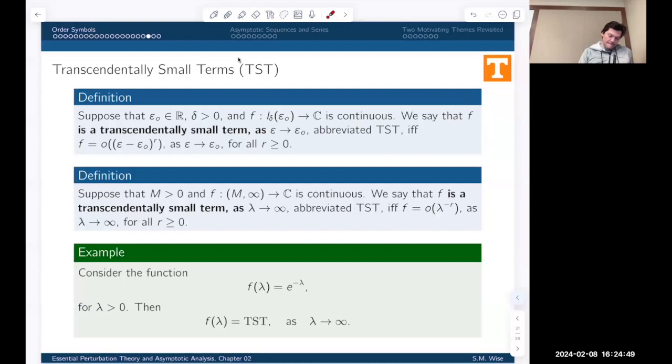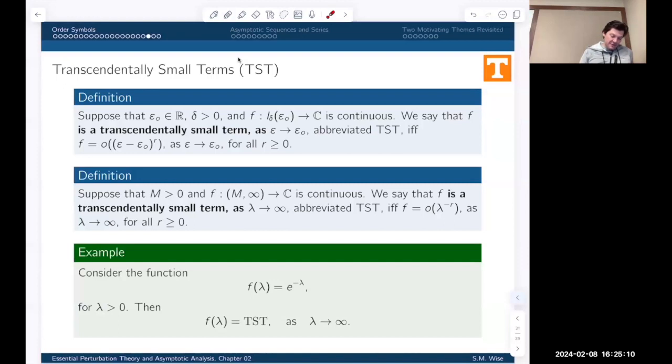Okay. Did I write that twice? No. Okay. The next one looks like exactly the same definition, but one is for epsilon getting small, going to a finite limit, and the other one is for lambda getting large. Lambda gets large.